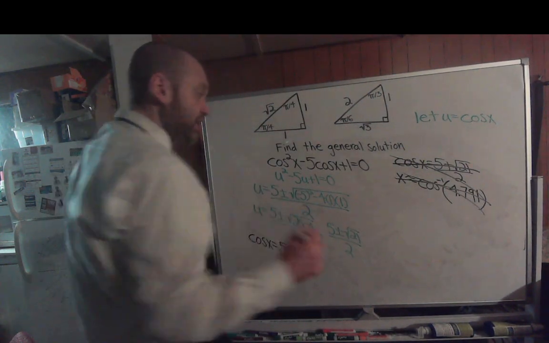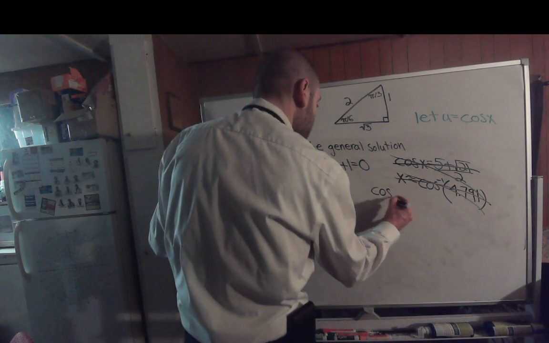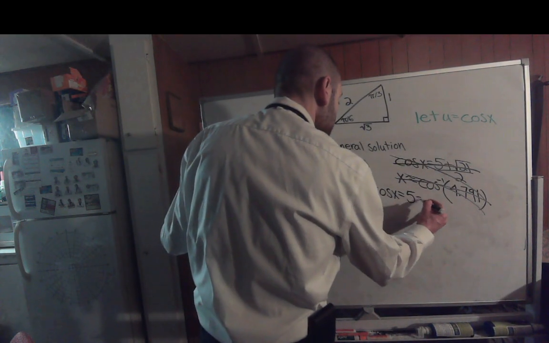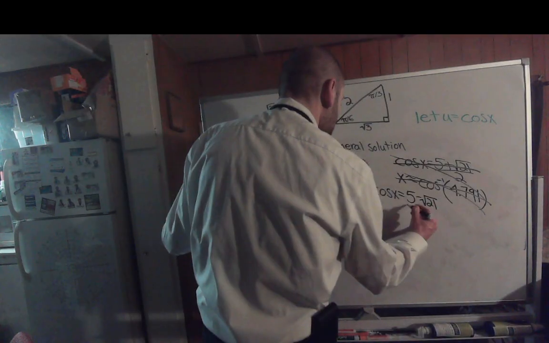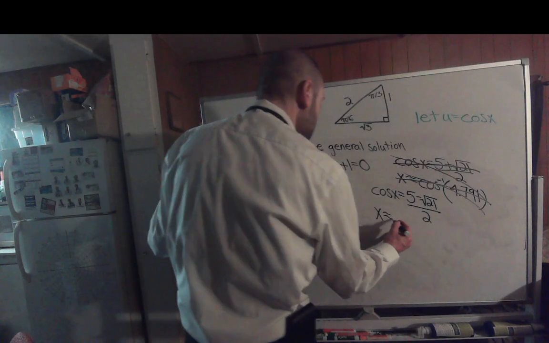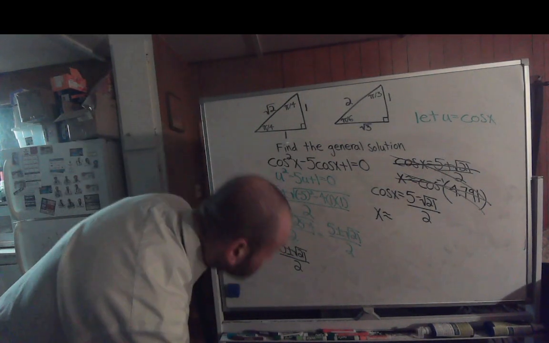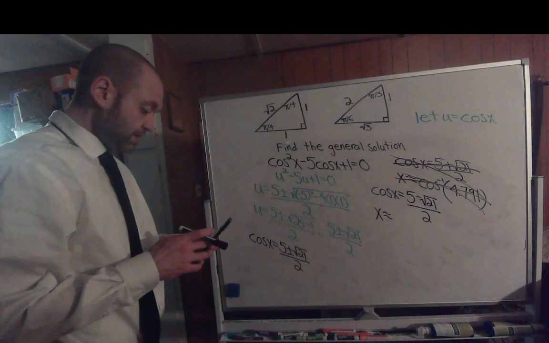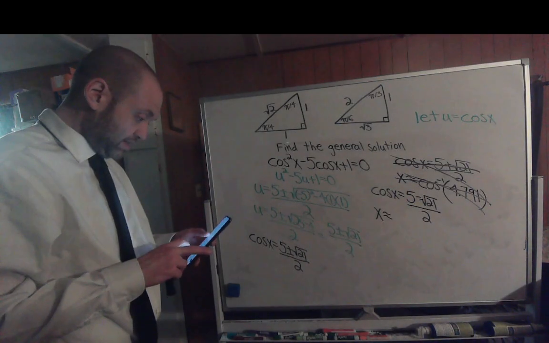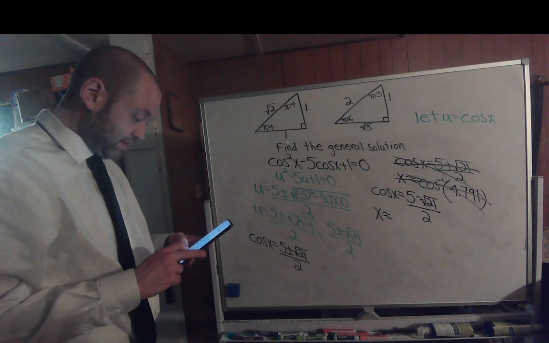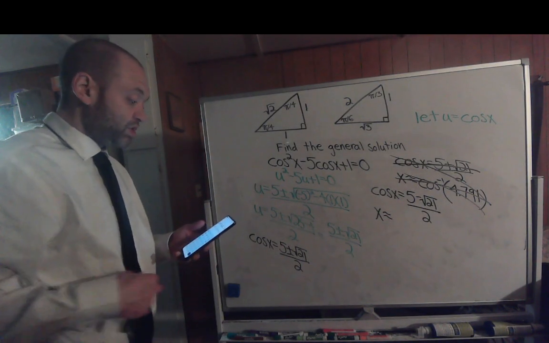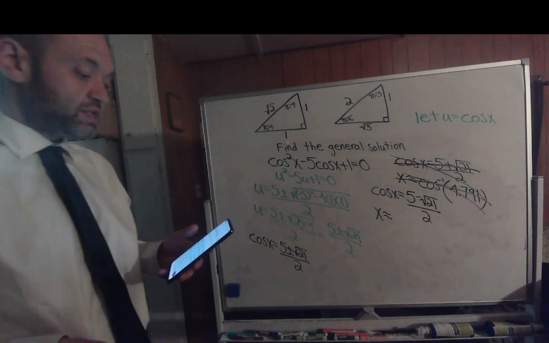Our best chance is if the cosine of x will work for 5 minus the square root of 21 divided by 2. What do we get? Let's see what we get. That does work. You get approximately 0.209.